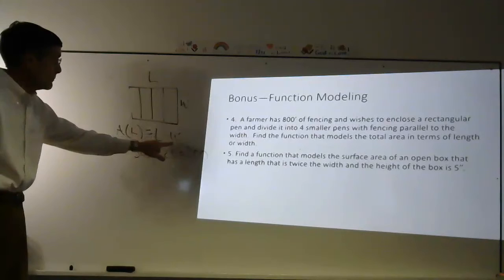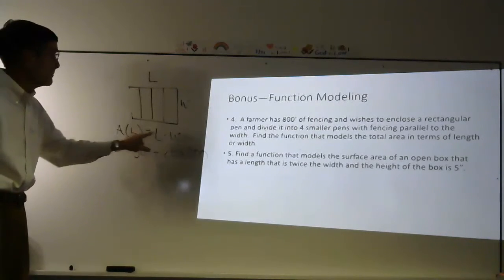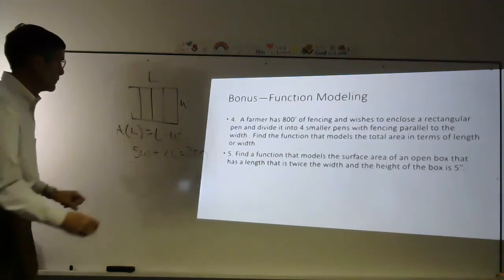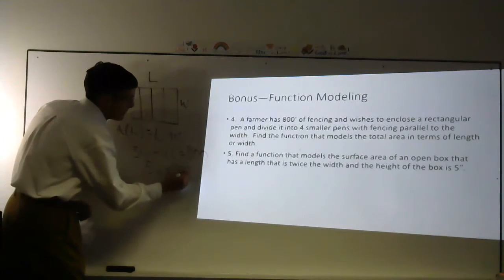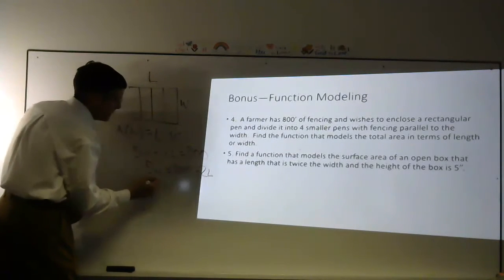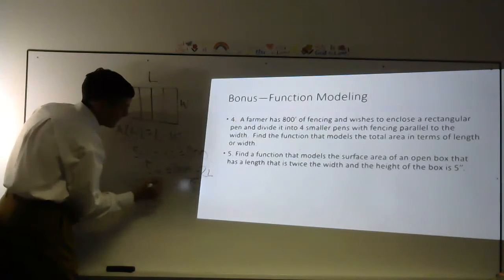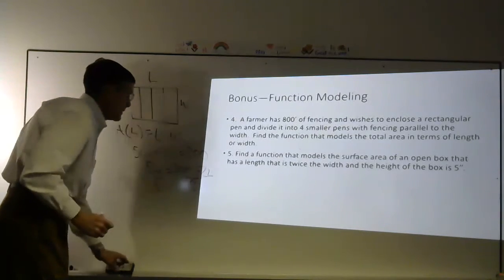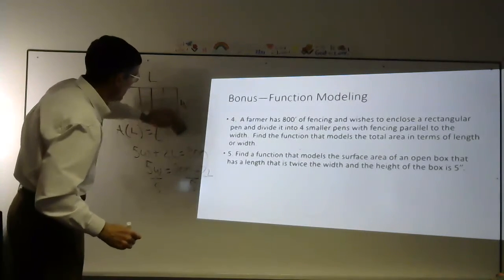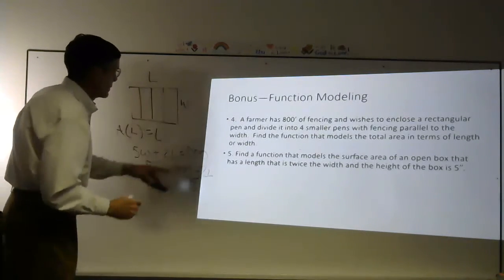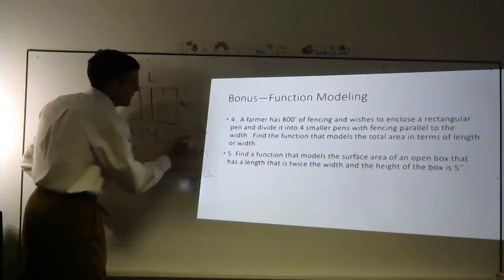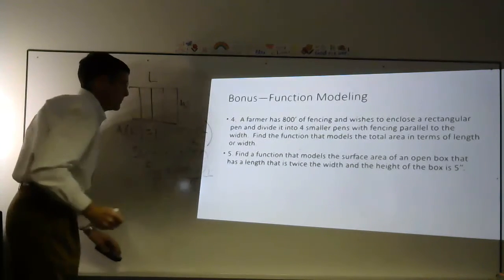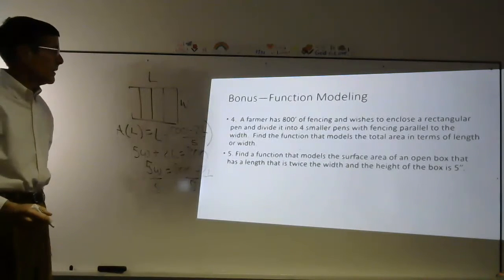Now, I want to get rid of the W to have my variable be an L, so solve for W. Subtract 2L and divide by 5. And there it is. I can replace the W with 800 minus 2L all over 5. Are you with me?